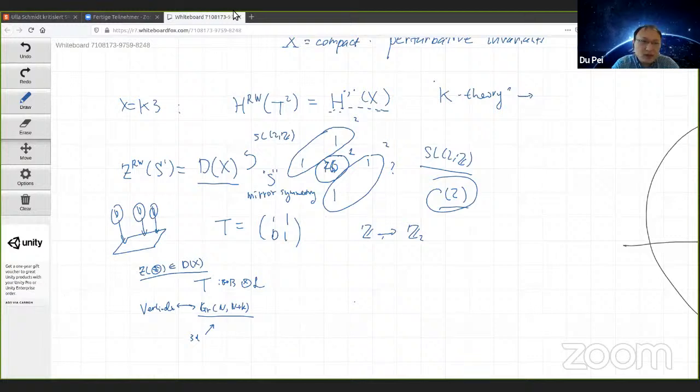Using some model that replaces this DX, it seems that they have some understanding about what these disk objects are. But they're not exactly dealing with this category. It's some slightly simplified model for this category.